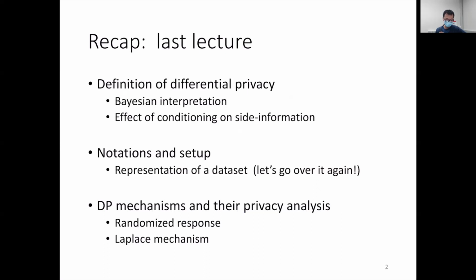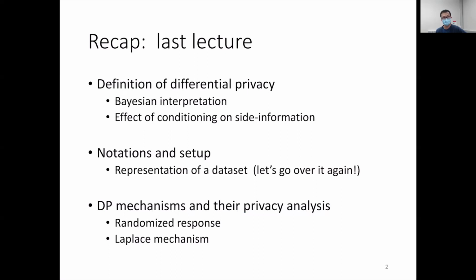In the second half of the last lecture, we learned two mechanisms and proved that they satisfy differential privacy. These are the Laplace mechanism and the randomized response. And you got a flavor of what a differential privacy analysis looks like.